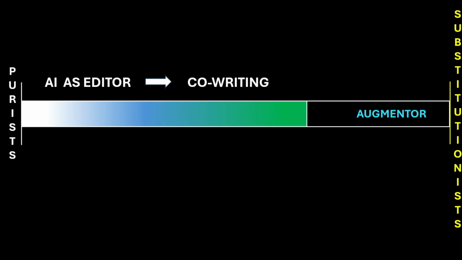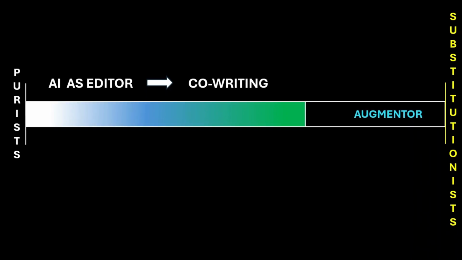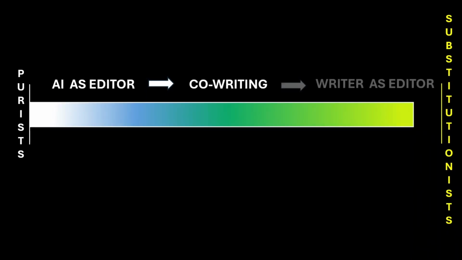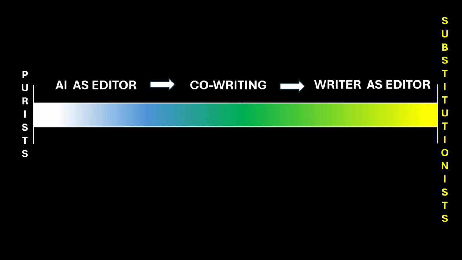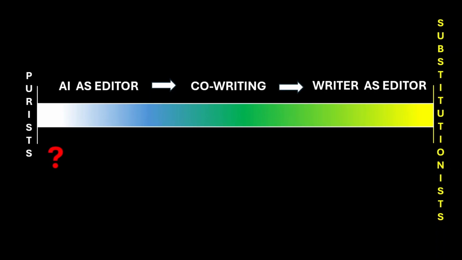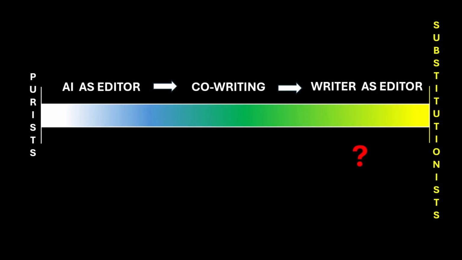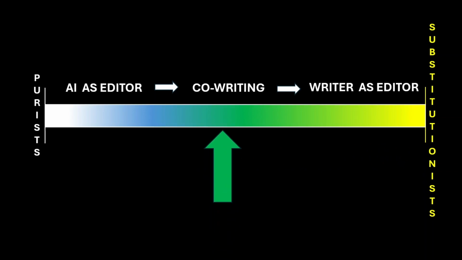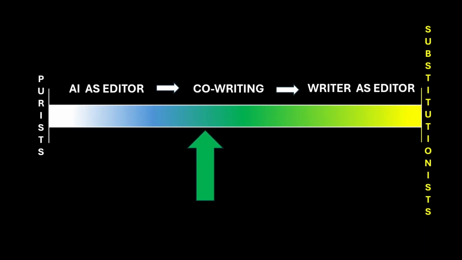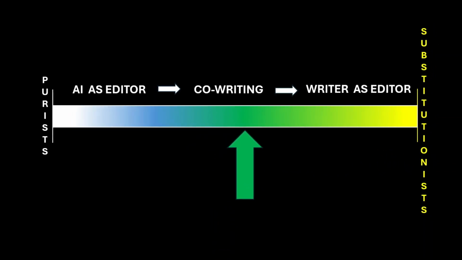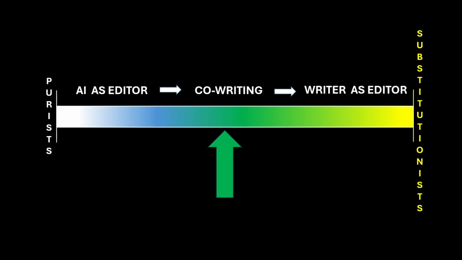Much more content is involved, ideas are used or not used, discarded, spark new ideas, whatever the case might be. And then closer to the substitutionist side, the writer starts becoming the editor. So a lot of the content is generated by the AI, and you have to decide where you fit in there, and I fit in somewhere sort of over here. Okay, let's dive into the demo.